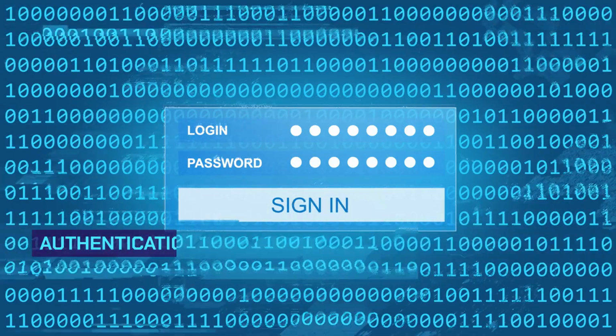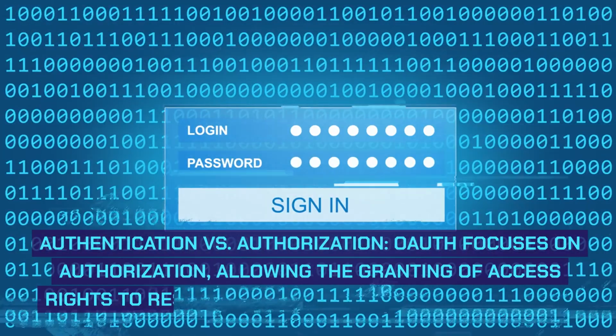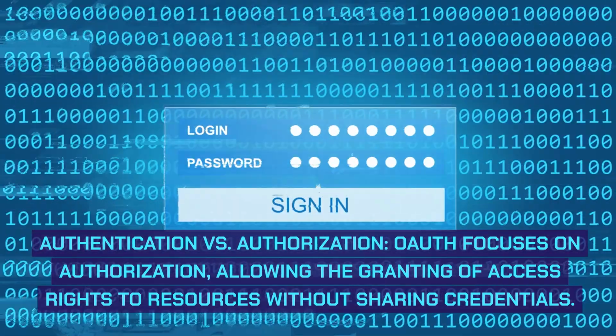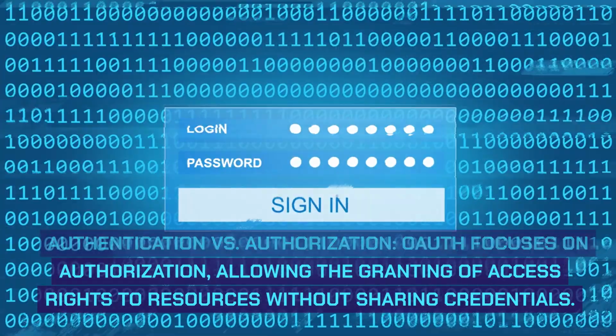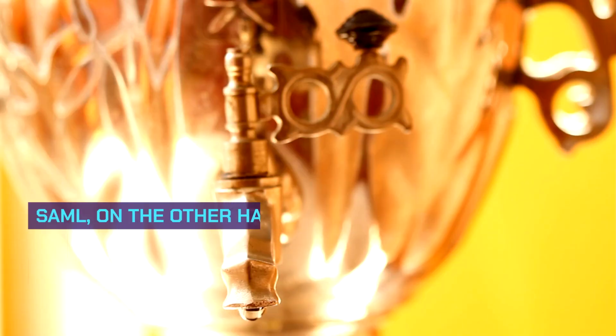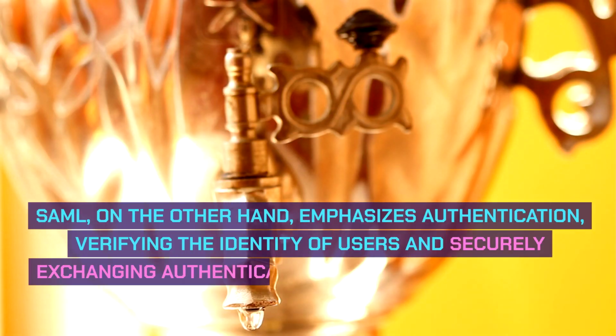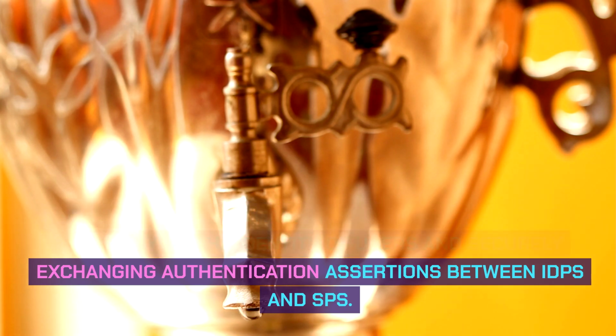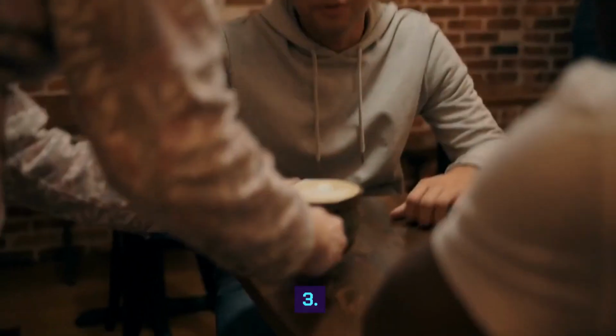2. Authentication versus authorization. OAuth focuses on authorization, allowing the granting of access rights to resources without sharing credentials. SAML, on the other hand, emphasizes authentication, verifying the identity of users and securely exchanging authentication assertions between IDPs and SPs. 3.